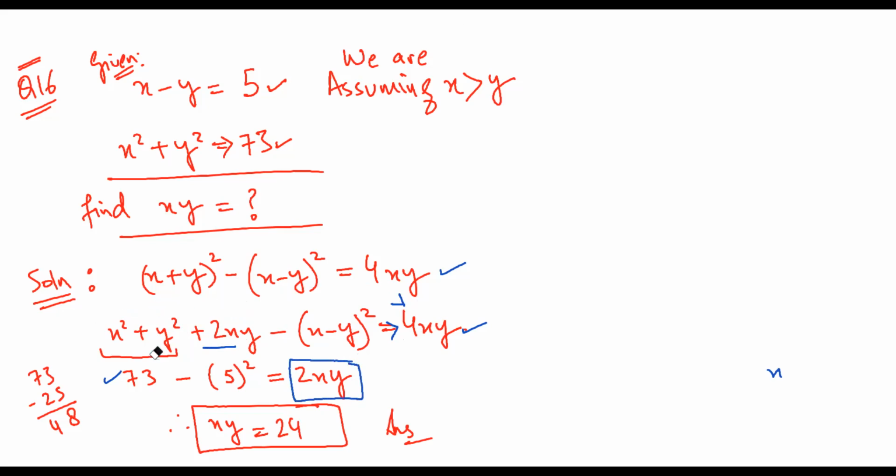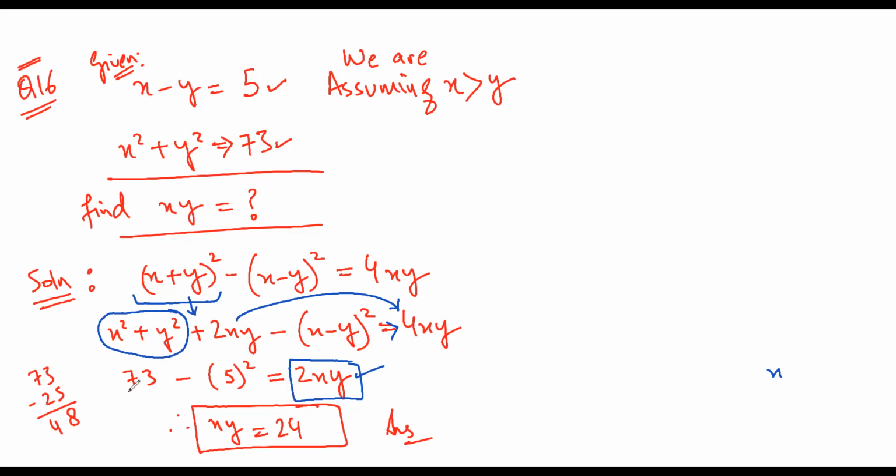No, sir. So basic algebraic manipulation you are doing. All you have done is you have expanded this: x square plus y square plus 2xy. Then you brought this 2xy towards this side, and that is why it became 2xy. And why are you doing this? Because you know the value of x square plus y square, and you also know the value of x minus y.